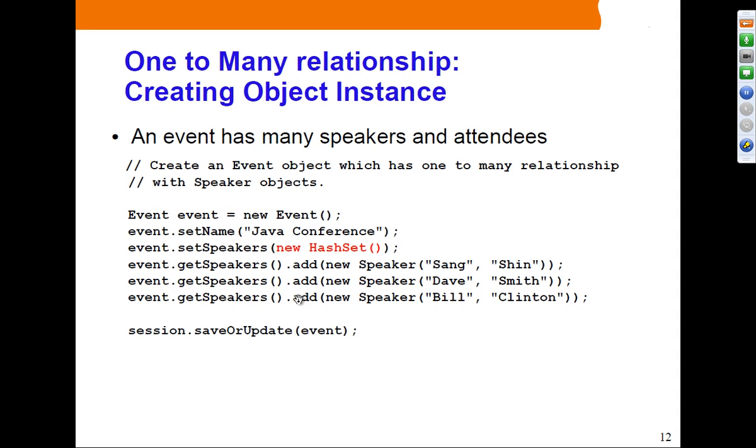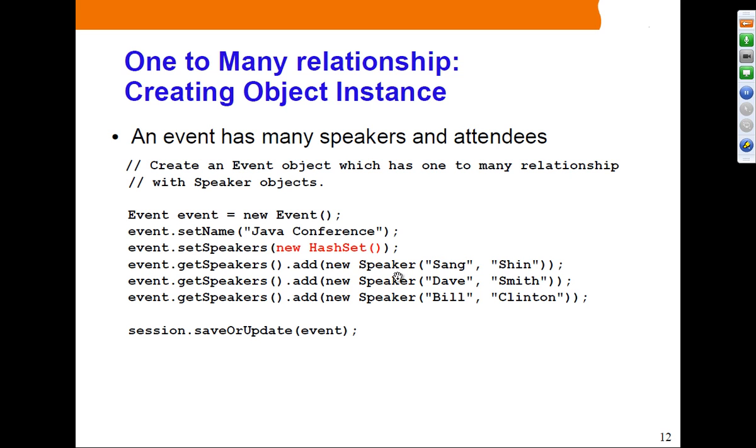In terms of coding, here we are creating an event object, and we set the name of the event, and then we are creating a set object. We are using the hash set implementation of the set interface. Then we are adding three new speakers to the hash set object. When we call save or update event, it will save not only the event table but also all the speakers.